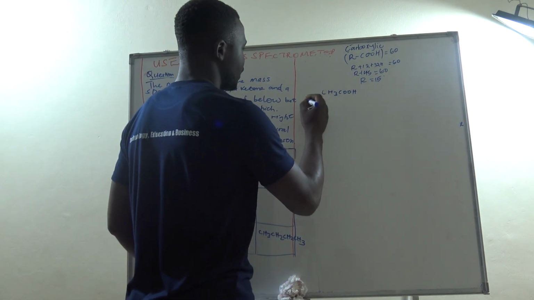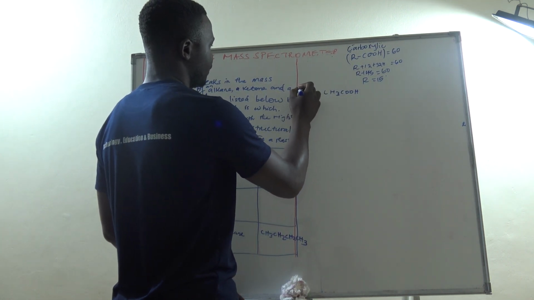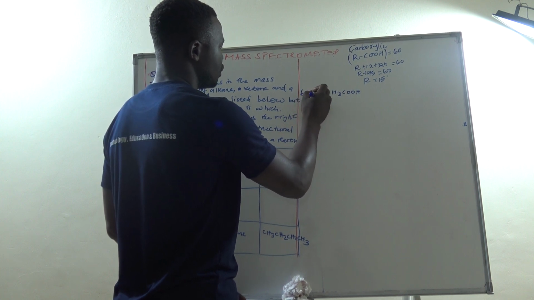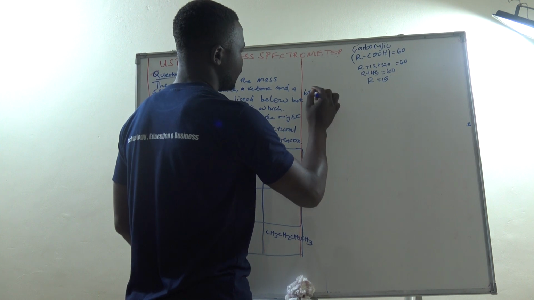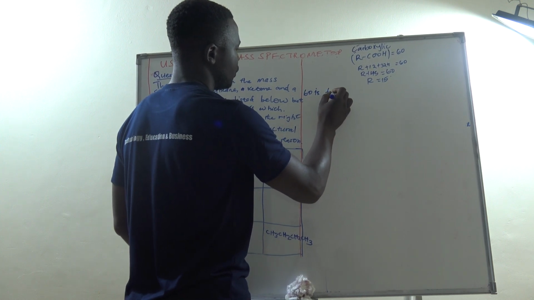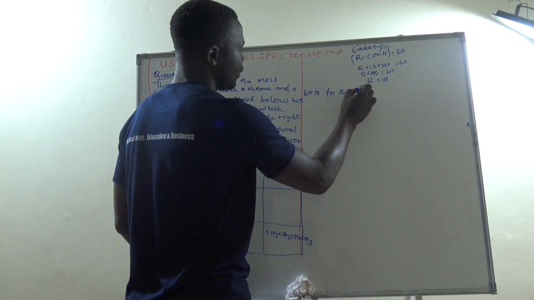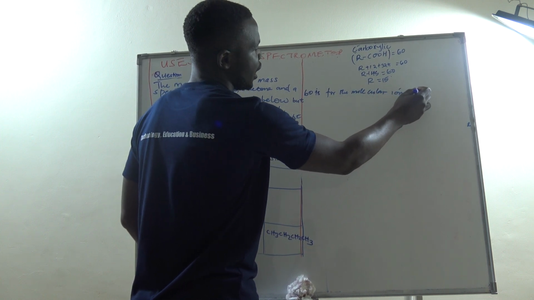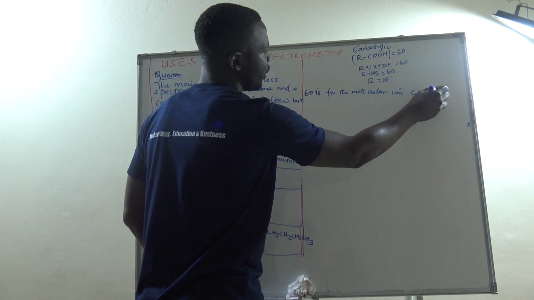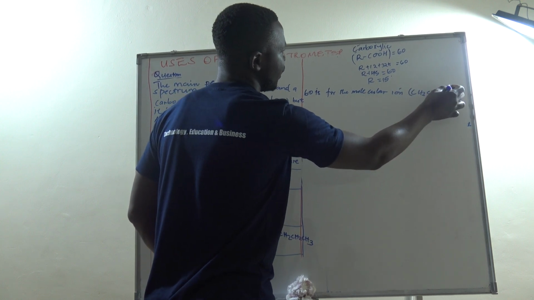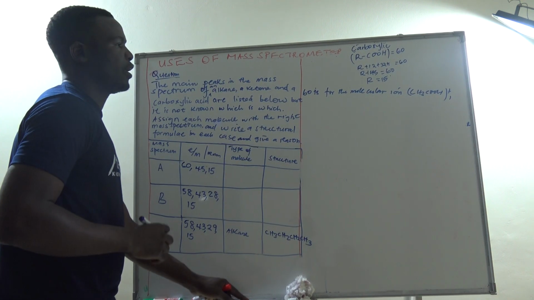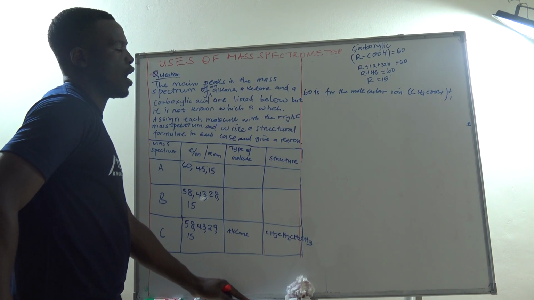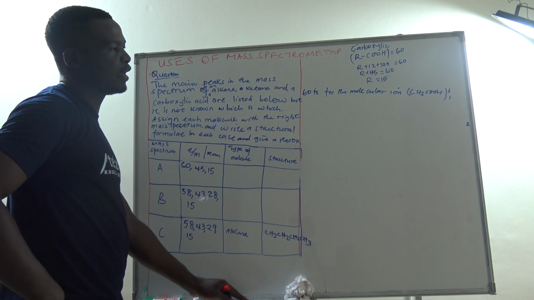Now we have known that the mass ratio at 60 is for the molecular ion, which is the carboxylic acid. Then let us try to make fragments out of the carboxylic acid.